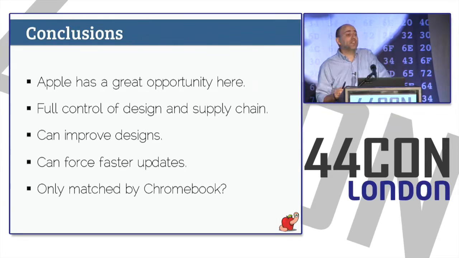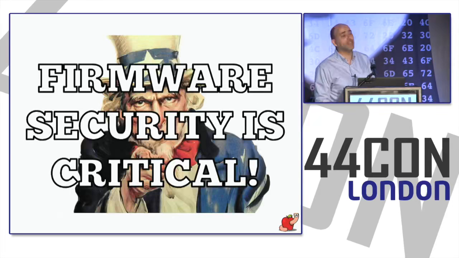They can force faster updates because they can bundle a firmware update like they did with the fixes for my 0 day. So they have a really good opportunity. This opportunity is only matched by Chromebook because they are trying to do the same. They are trying to build a secure computer. They also control not the full supply chain because there are vendors doing this, but they have a great opportunity here. So firmware security is critical.